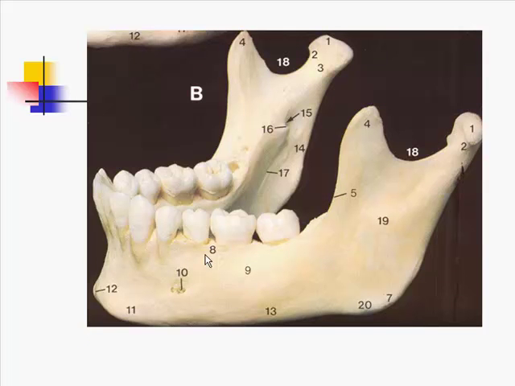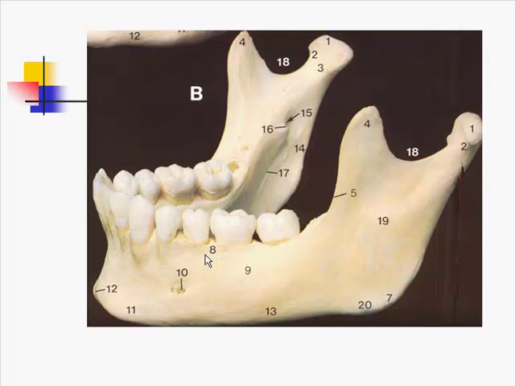Okay, see if you can identify these areas of the mandible. Okay, if we were to look at it, try to give you a little time. 1 would be the condyle. 2 is the neck of the condyle. 3 is called the pterygoid fovea, which is basically just a triangular depression where a muscle attaches.